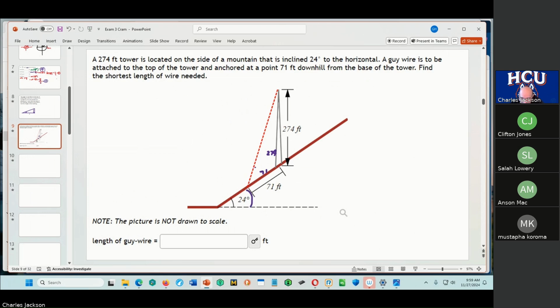If we drop a perpendicular, we would have a right angle here. This is a right angle. This is 90 minus 24, so 66.